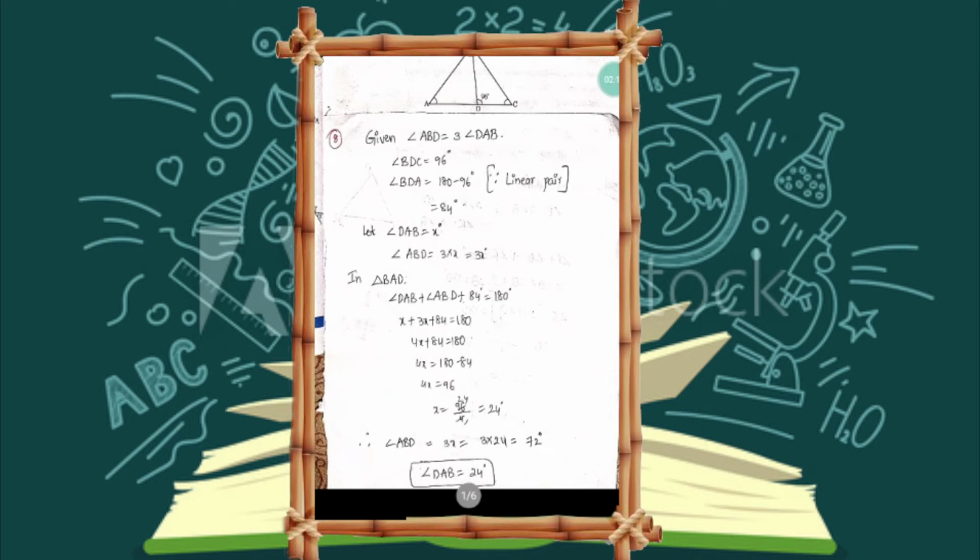So angle DAB plus angle ABD plus angle BDA is equal to 180 degrees.